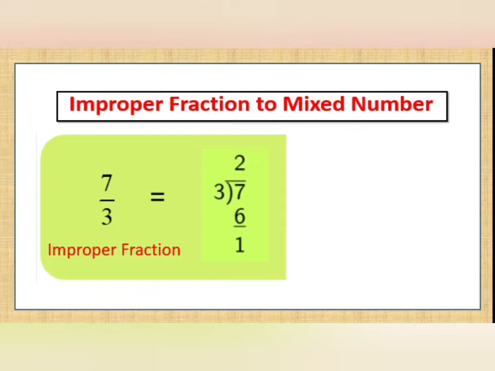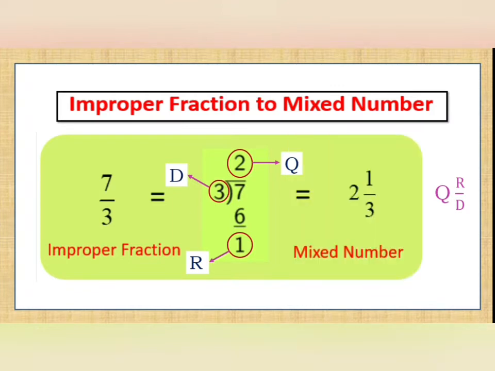Here 2 is a quotient, 1 is a remainder and 3 is a divisor. Mixed fraction can be written in the form of QR by D, that is quotient remainder by divisor. So, the improper fraction 7 by 3 can be written as 2 1 by 3.